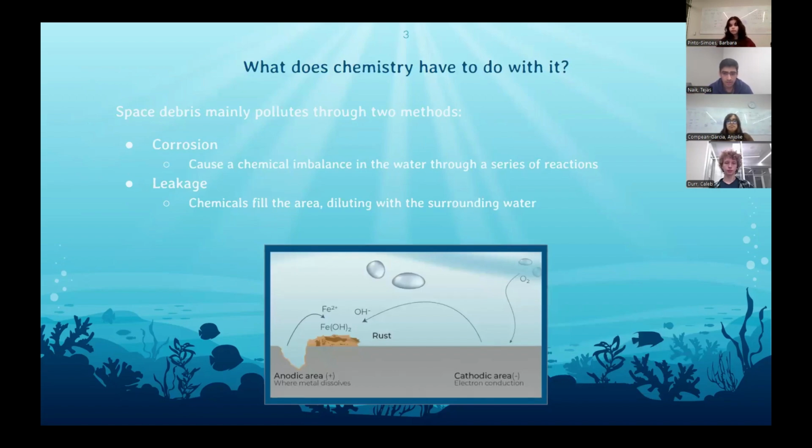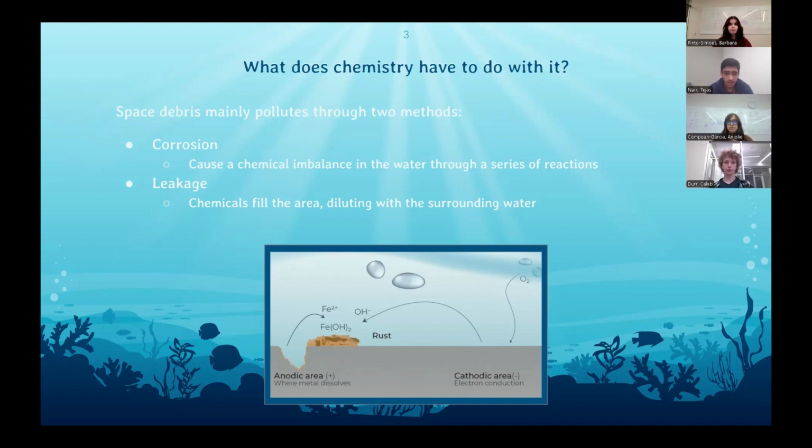So what does chemistry have to do with it? Well, corrosion is part of chemistry, of course, and there's a lot of imbalance in the water when these reactions occur. The metal reacts with the water.